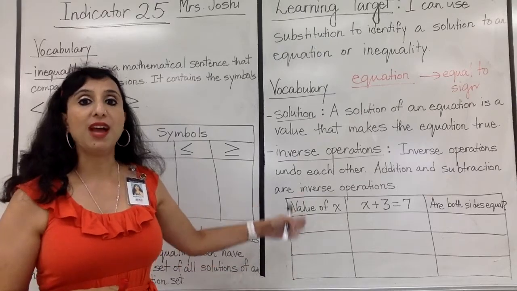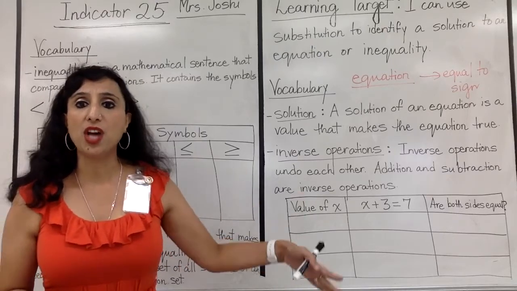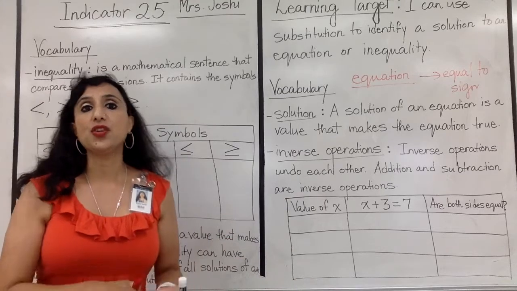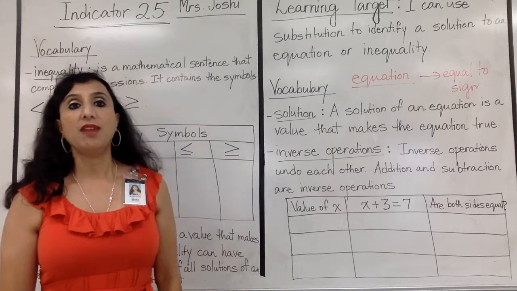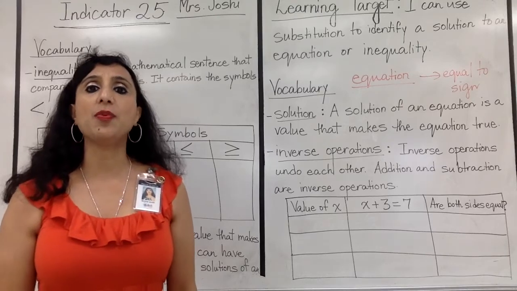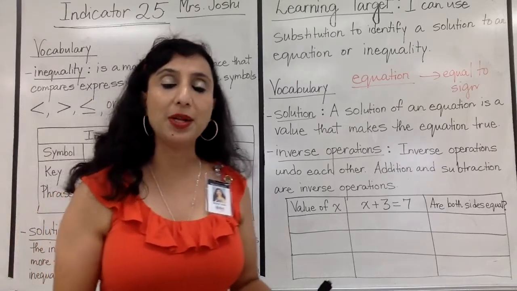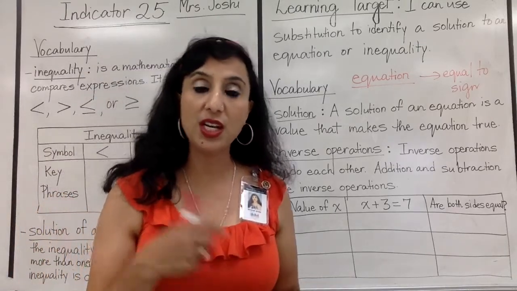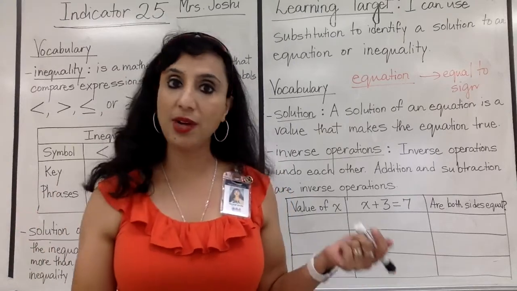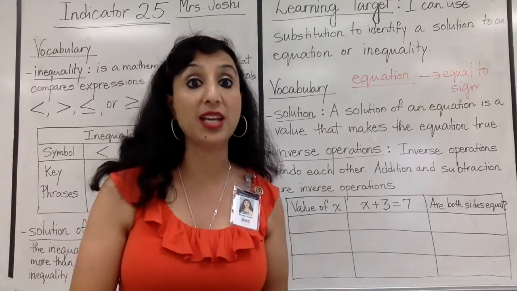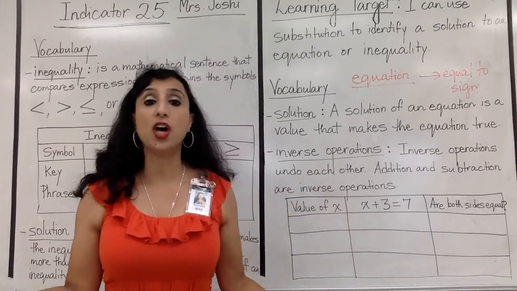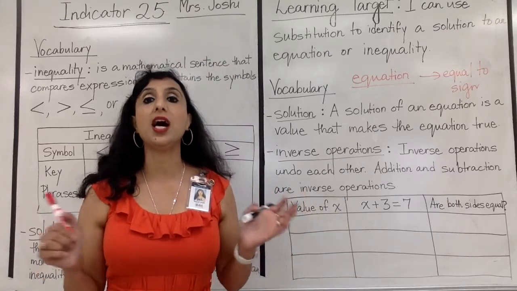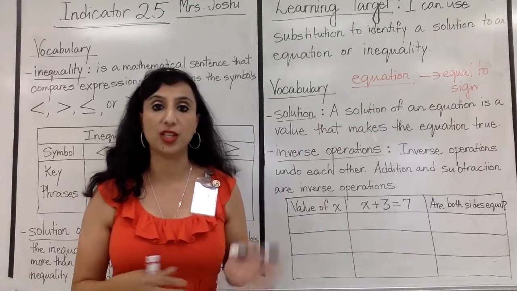I'm going to provide values and then try to solve it, and then you're going to say, is it true or is it untrue? Inverse operations are operations that undo each other. For example, the opposite of addition is subtraction. The opposite of subtraction is addition. The opposite of multiplication is division. The opposite of division is multiplication. So basically, inverse operations undo each other, okay?